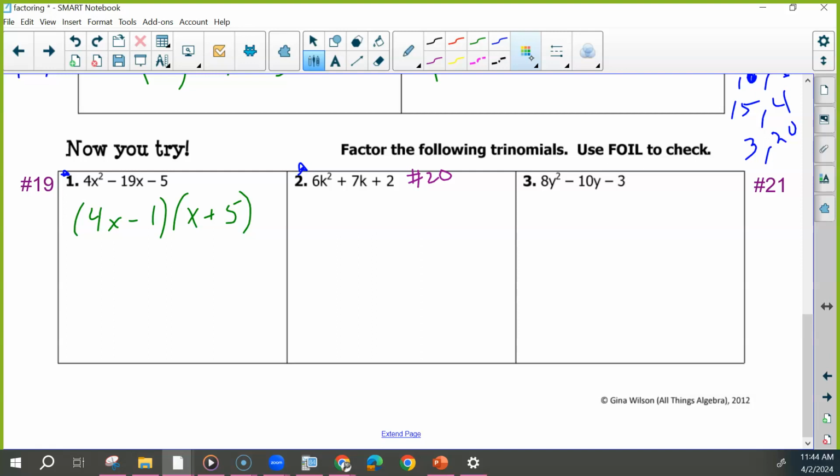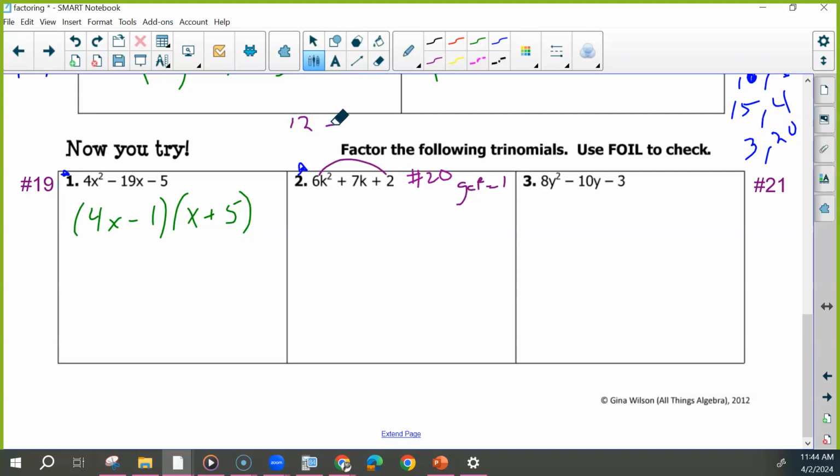Okay. So let's work that one out. Does this one have a GCF? No. Other than 1. Okay. If we multiply 6 and 2, that will give us 12. So we're looking for factors of 12. I'm just going to write them this way.